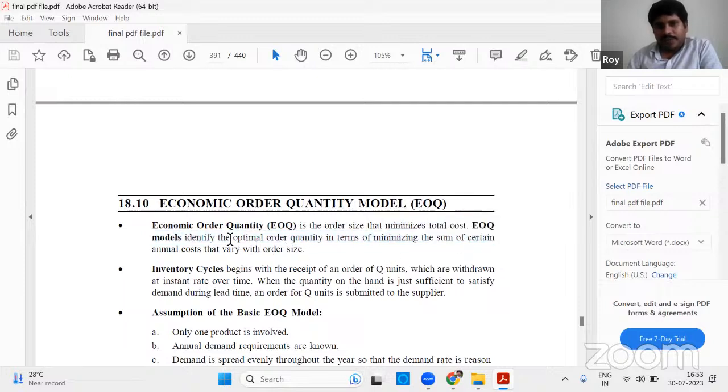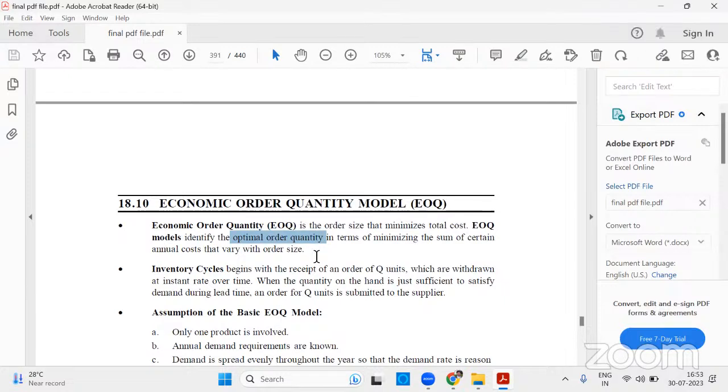It identifies the optimal order quantity: how much quantity of the products I need to order in order to minimize the total inventory cost. I'm repeating it again. Generally when we hold inventory, it will cost some amount for the companies. Yes or no? Right? Yes. And how much quantity you need to order is based on this.